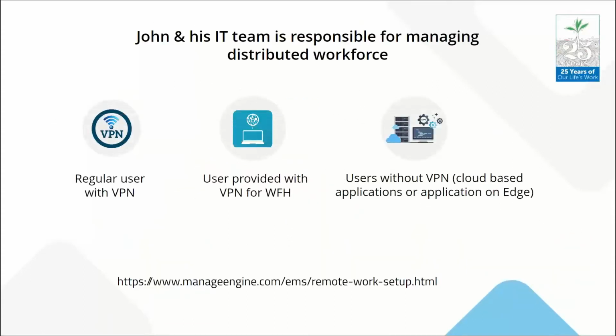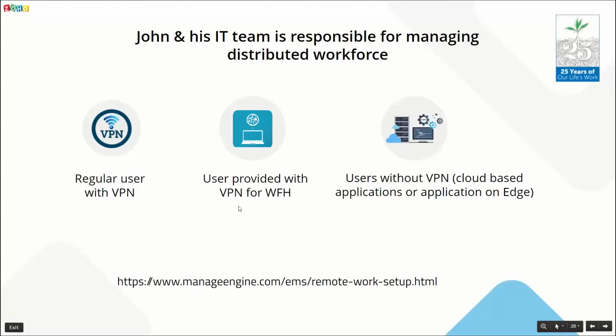Now, primarily, when it comes to managing your remote office devices, and now given the remote work scenario, everyone is tasked with three types of users. First is your regular user who is mostly on the go with a proper VPN configured.